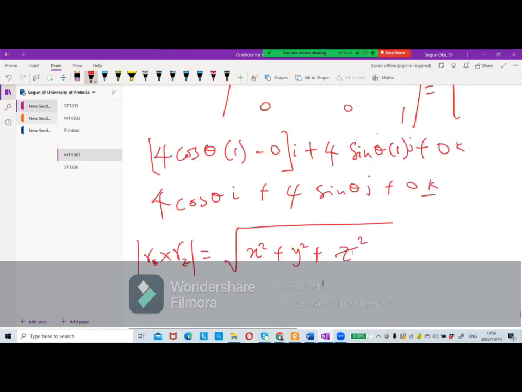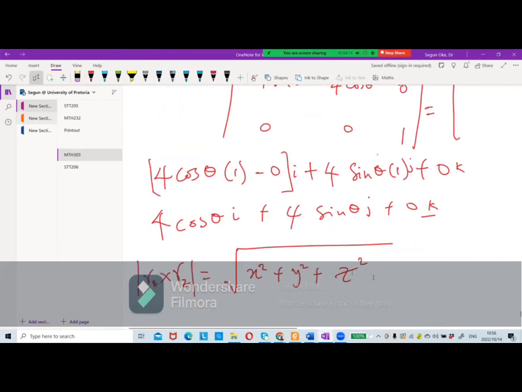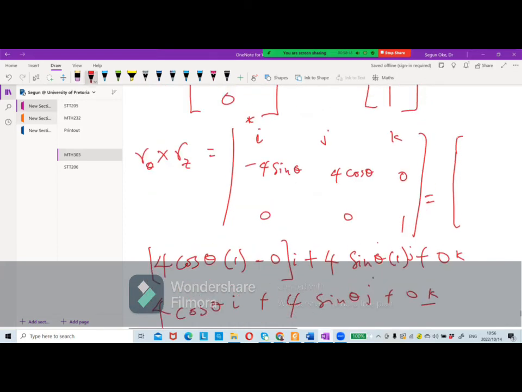So at the end of the day, what we have here is, for our x, we have 4 cos theta, for y, 4 sin theta, and 0.